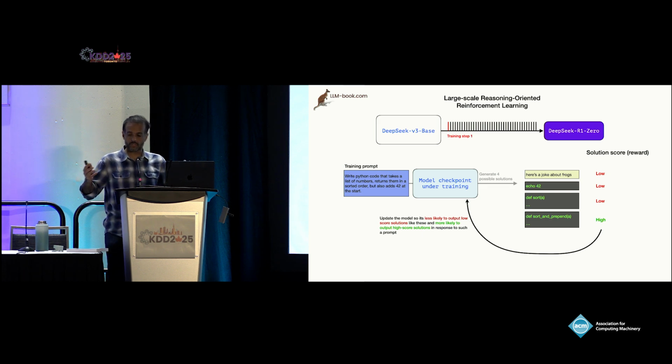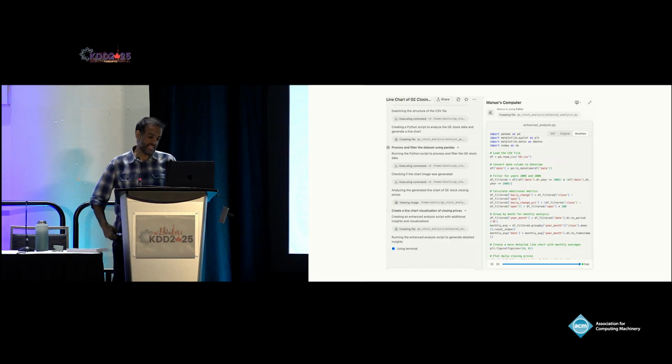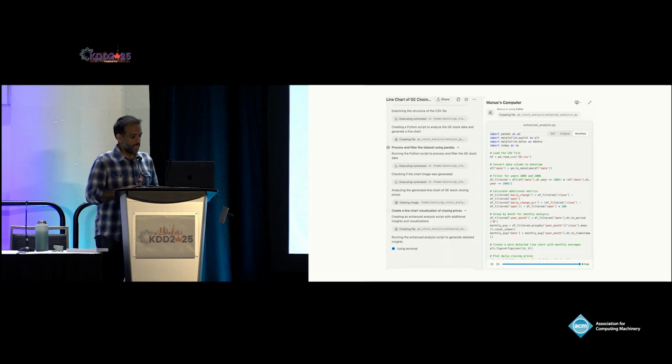You do this across very long training cycles, tens or hundreds of steps, and the quality of the model keeps increasing. That's how you get these capabilities for reasoning, but also for code generation. This gives you a sense of how this is trained.